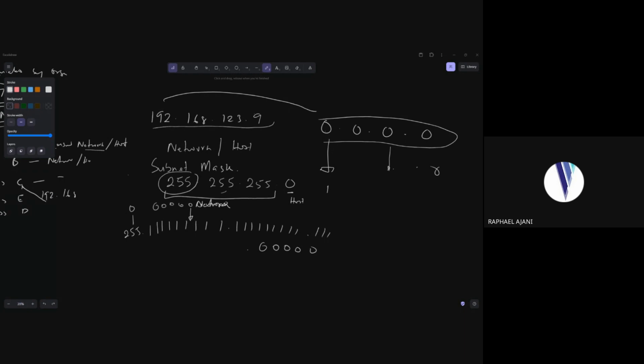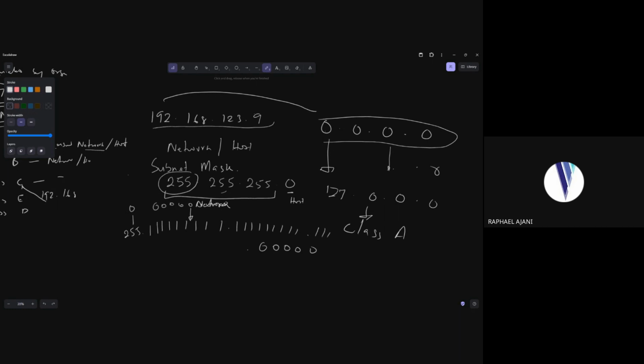Yeah, it's 127. So from 0 to 127, 127.0.0.0 is considered class A IP addressing, right?